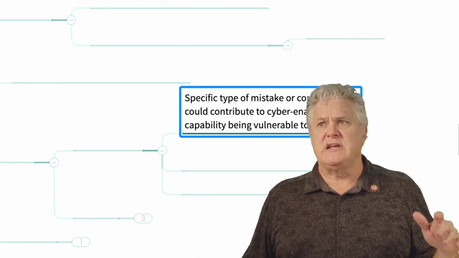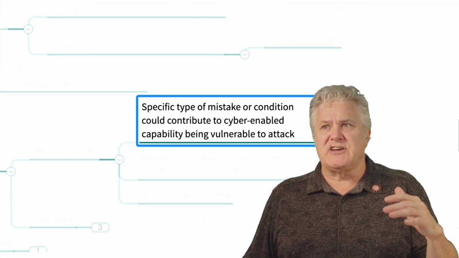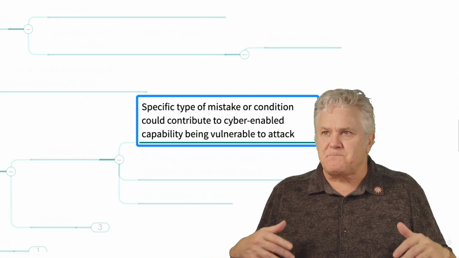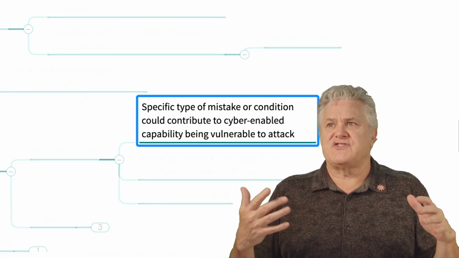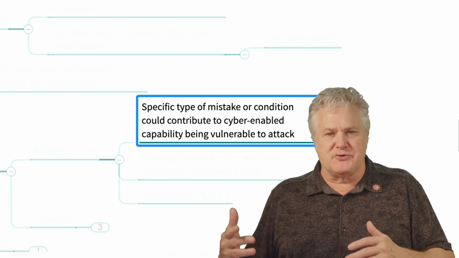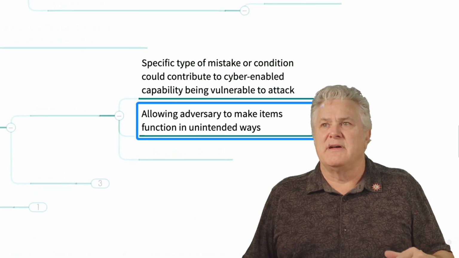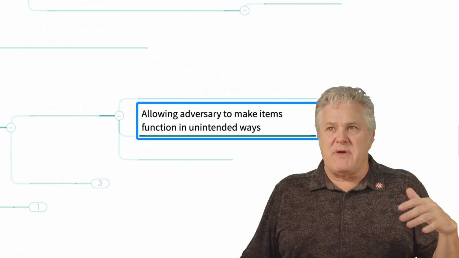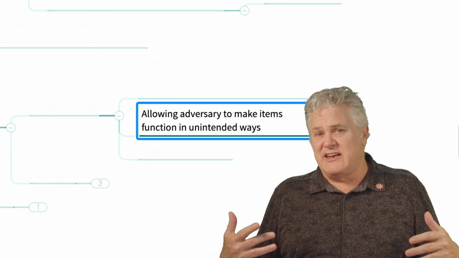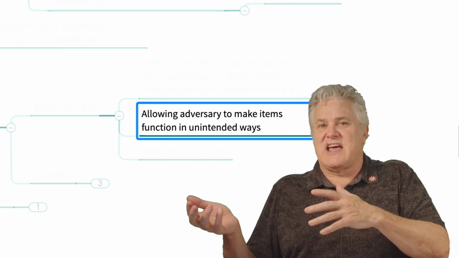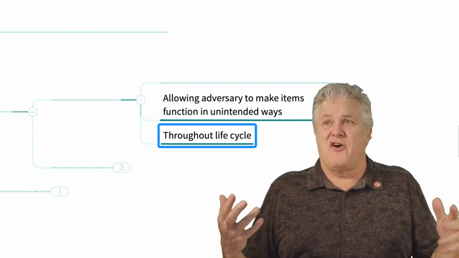Now, when we look at the weakness types, there are specific types of mistakes or conditions that could contribute to the cyber-enabled capability being vulnerable to attack. Our asset is under attack at this moment in time. This allows our adversary to make items function in unintended ways. We wanted them to do this, they wanted them to do that, and they're going to take over at that point.